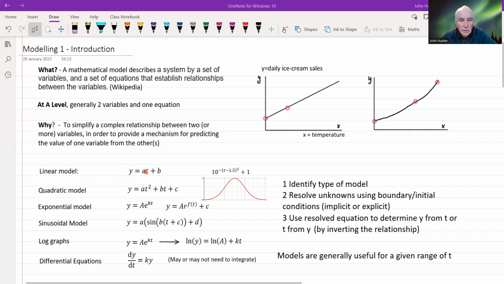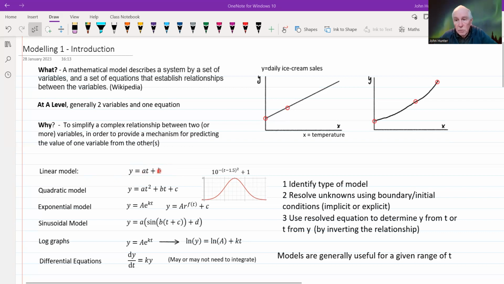Now, the y and the t are the variables. These are what we're trying to establish a relationship with. If we just conjecture that it's a straight line, we don't perhaps initially know what a and b are. So these are unknowns, and this relationship here is not really of any use until we can find out what a and b are.